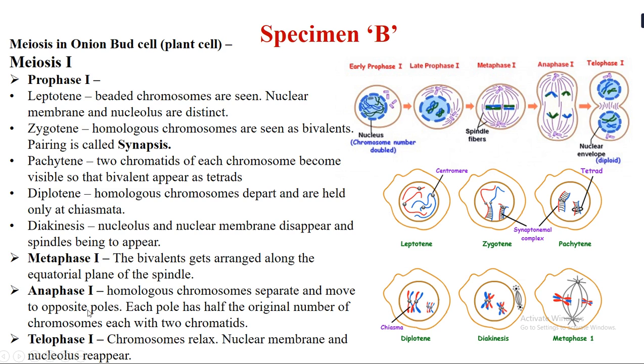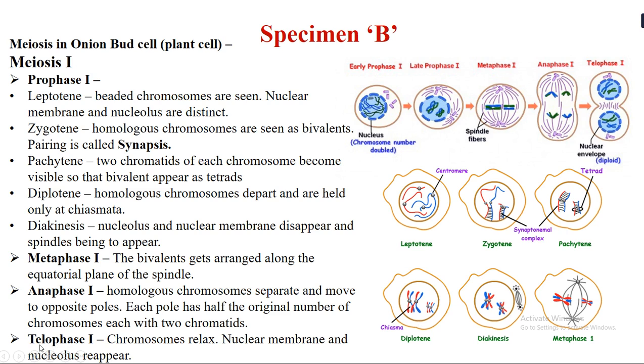The next phase is anaphase 1, where the homologous chromosomes separate and move to opposite poles. So the homologous chromosomes are moving to two opposite poles, and each pole has half of the original number of chromosomes, each with two chromatids.